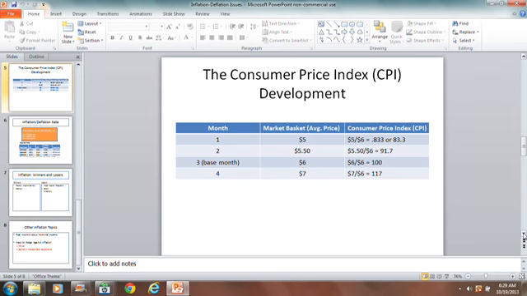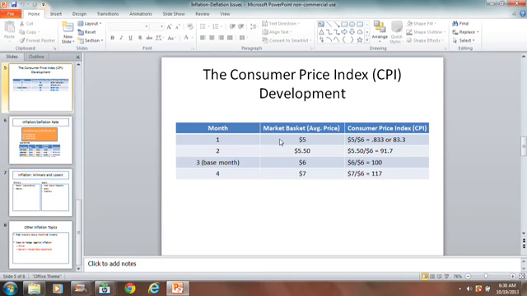So let's look at a simple example. I have here a column of months. We're going to play this exercise over a 4-month period, and during this period we're looking at our market basket. Again, the market basket has a sampling of goods and services, and we're tracking their price. Each month we look at our market basket and come up with an average price.